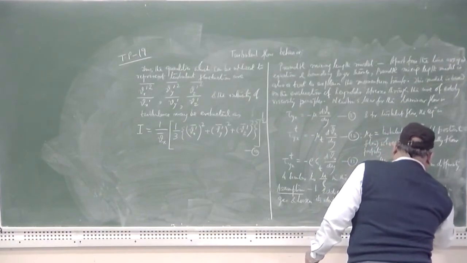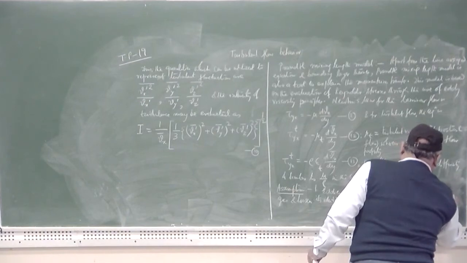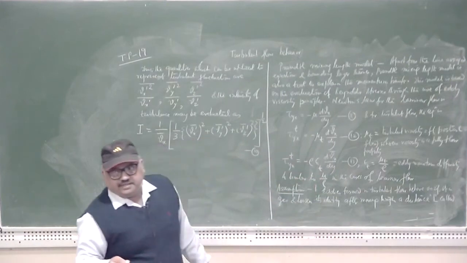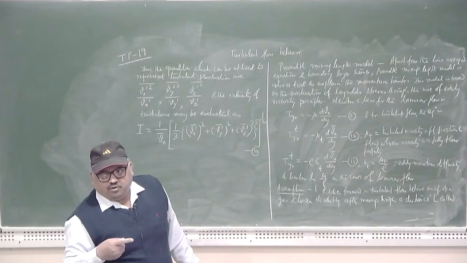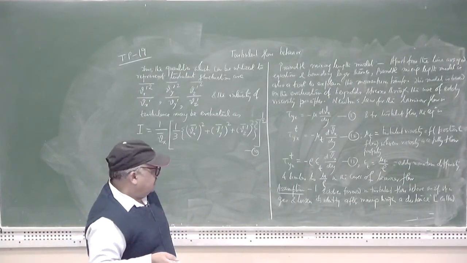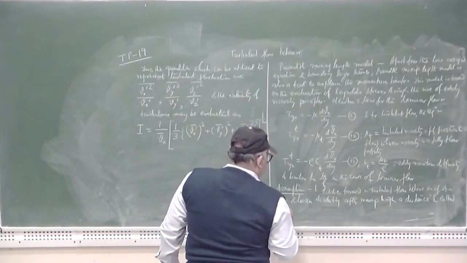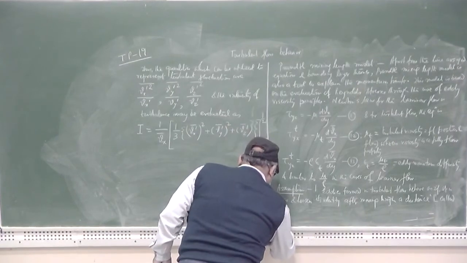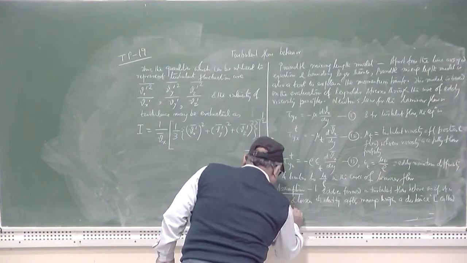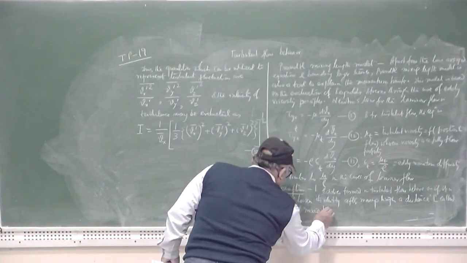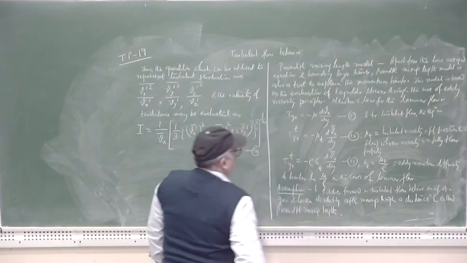Let the distance be abbreviated as L. This distance after which the eddy completely lost its identity is called the Prandtl mixing length.